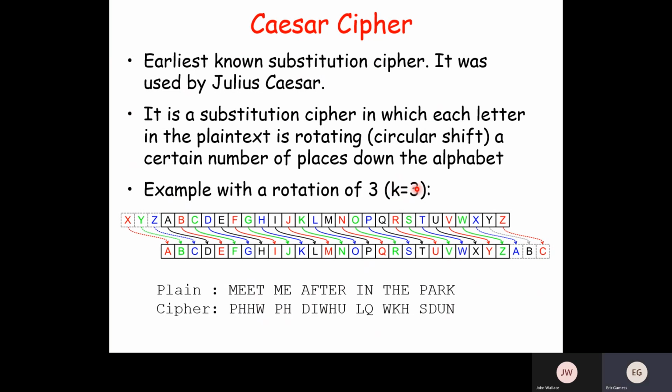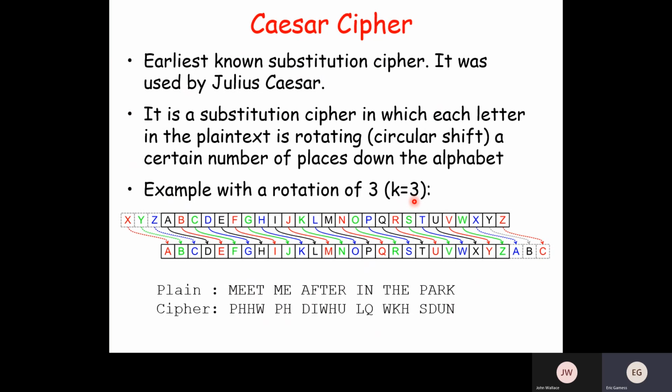If I ask you, how many different keys can we have with this cipher algorithm? So this is key 3, for example, and the key is an integer, the number of times you will shift each letter. How many different keys can you have? 25, or 26 we can say, but no more.